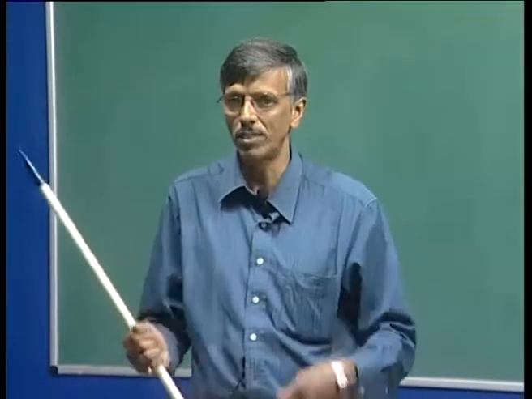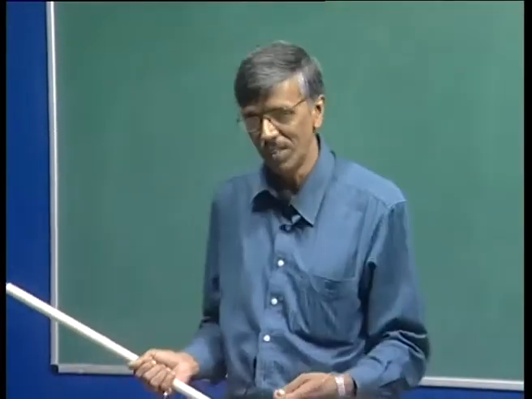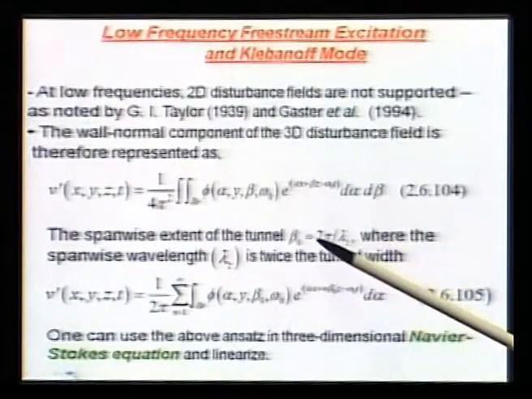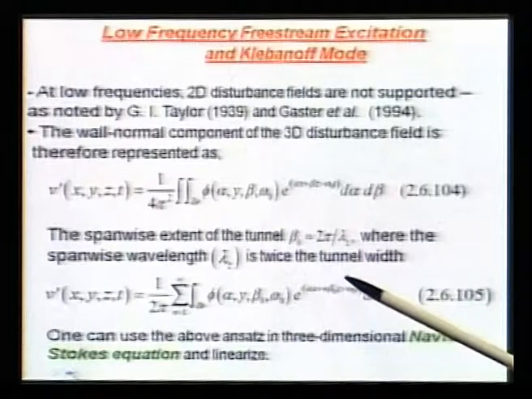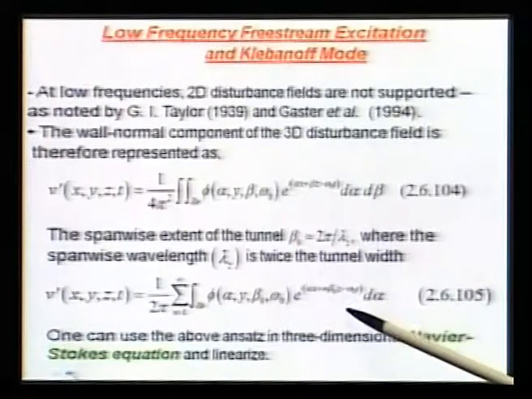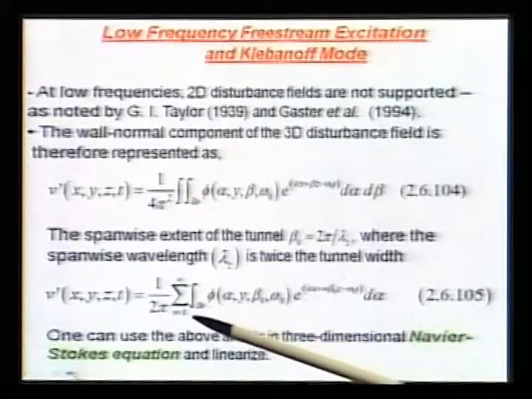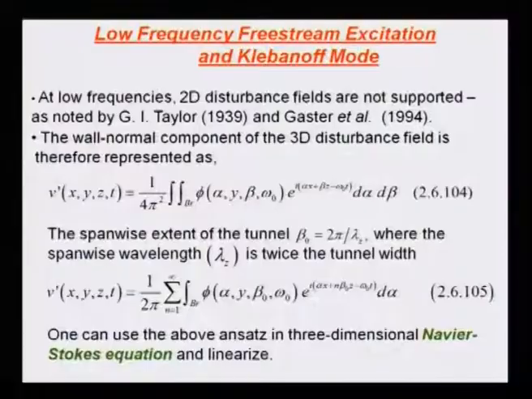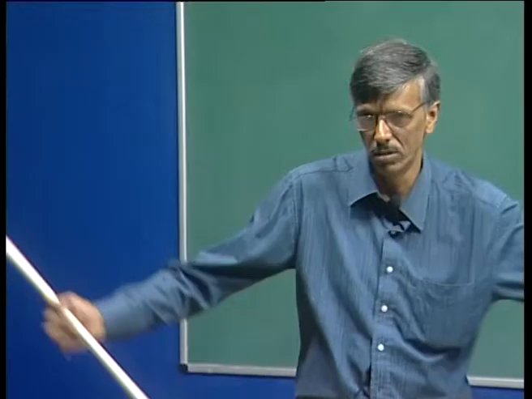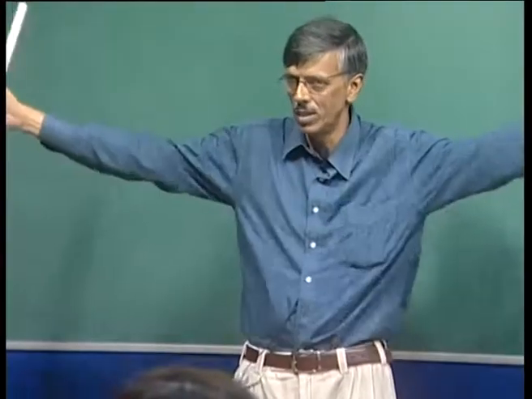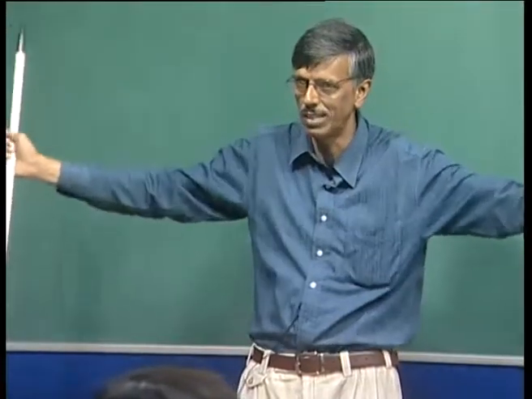I can also create superharmonics, and that is what we have done here. We have obtained beta naught, and then we said, look, there should be a span-wise harmonic component which we will write as n beta naught, and n should be summed up from 1 to infinity, because we are proposing the problem as if this whole thing is repeating infinite times outside the tunnel.